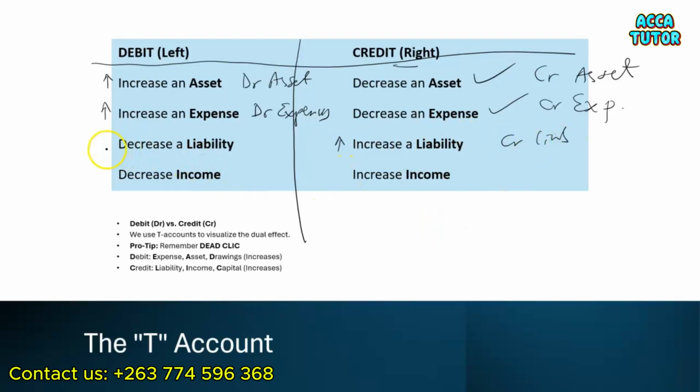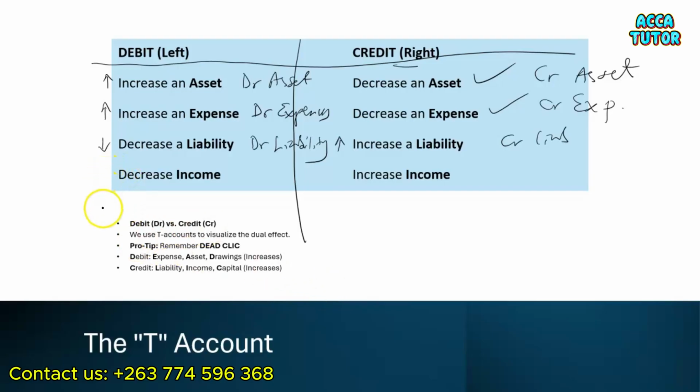But when the liability is decreasing, we are debiting the liability. So liabilities can also be debited, but you need to know how to interpret the decrease, what we mean by debiting liability. As simple as that, isn't it?